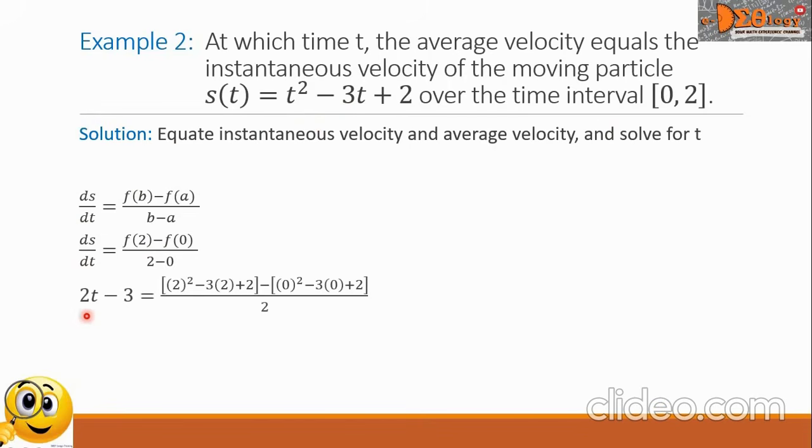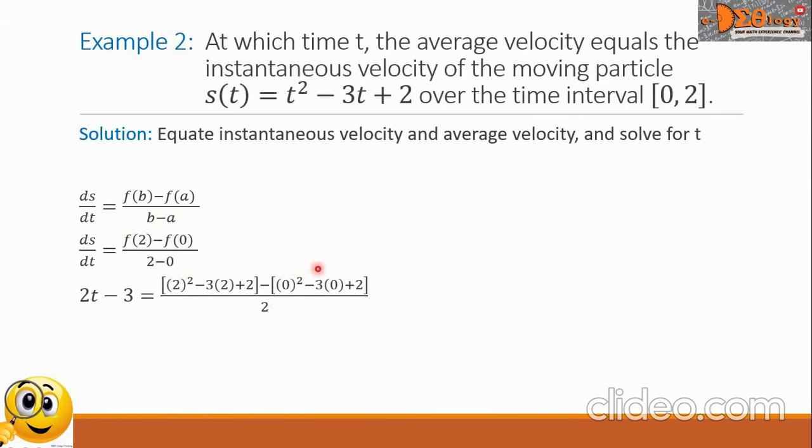So we have now 2t minus 3 is equal to, the right side here now becomes like this. The f of 2 is now 2 squared minus 3 times 2 plus 2. Then minus, the f of 0 is now 0 squared minus 3 times 0 plus 2, all over the 2 minus 0 here, which is simplified into 2.